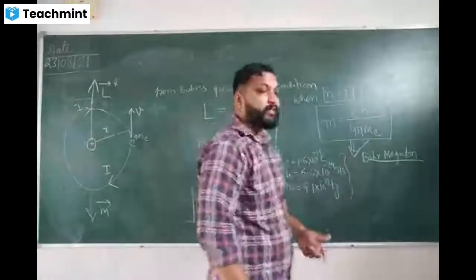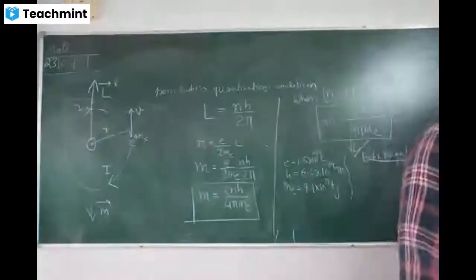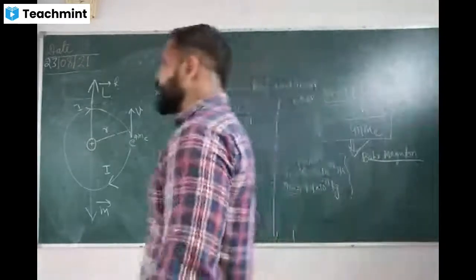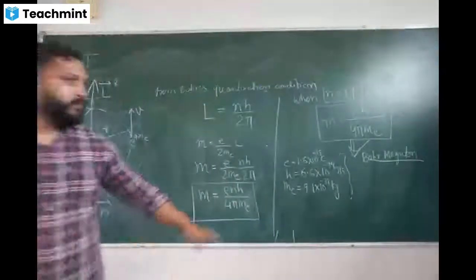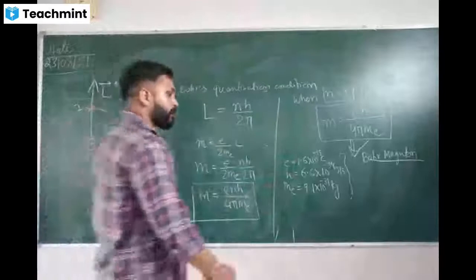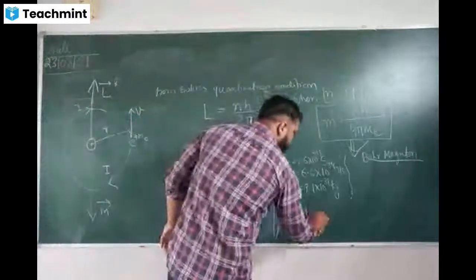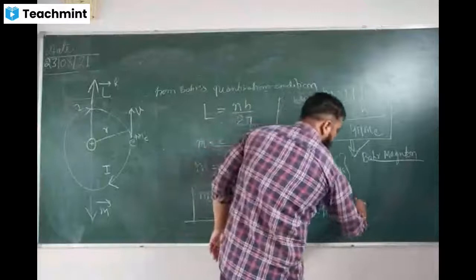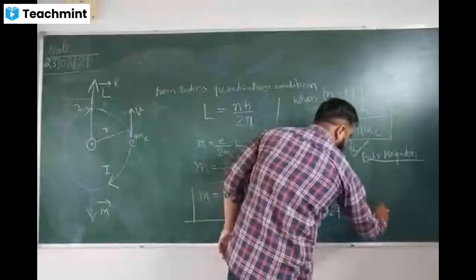If you apply the values of all the given constants, that is e, h and me, then you will get the value of this magnetic moment. That value is M equals 9.27 into 10 to the power minus 24 ampere meter square.